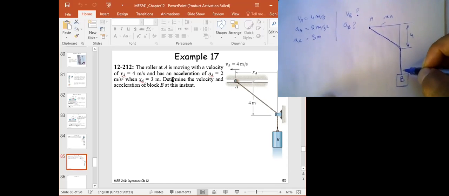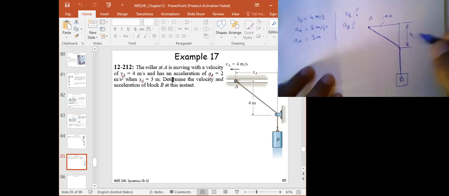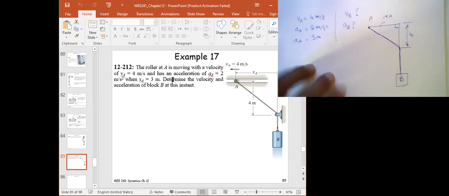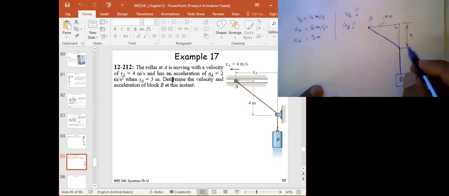So maybe we can try and apply a similar approach. You guys agree or no? Okay, and remember this is a right triangle. When I put X equal to 3, the cable from point A to the first pulley comes out to 5, by the Pythagorean theorem.